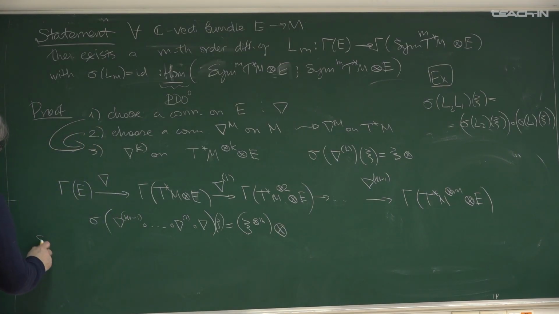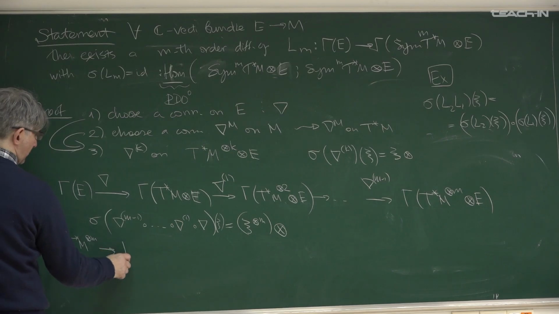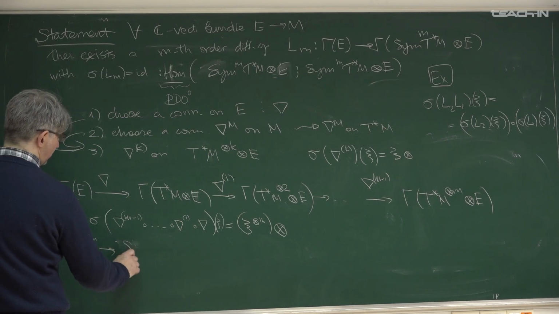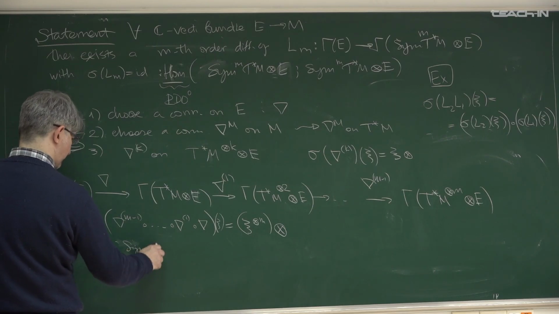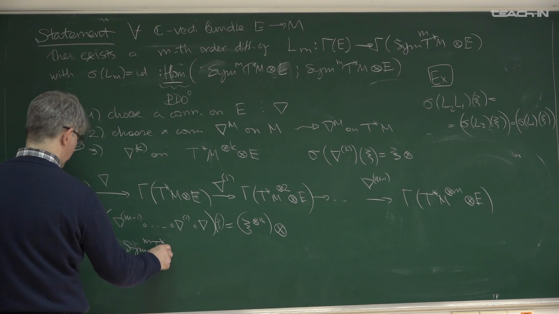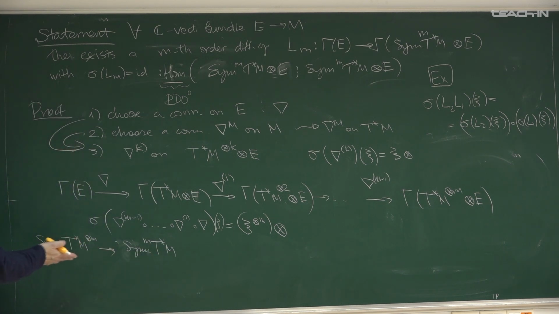So tricky part is you have symmetrization, which sends T star M to the tensor power M to symmetric mth power of it. It's bundle map, nothing difficult.